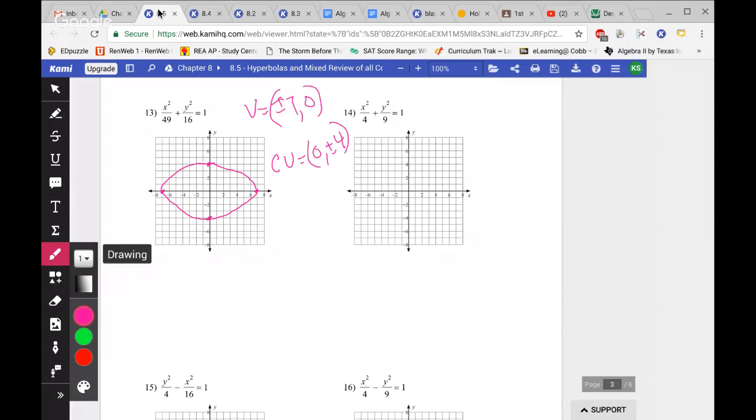Its placement in the equation is what makes it the vertice. It's the value that makes it the vertice in an ellipse. Okay, so value in the ellipse, placement in the hyperbola.